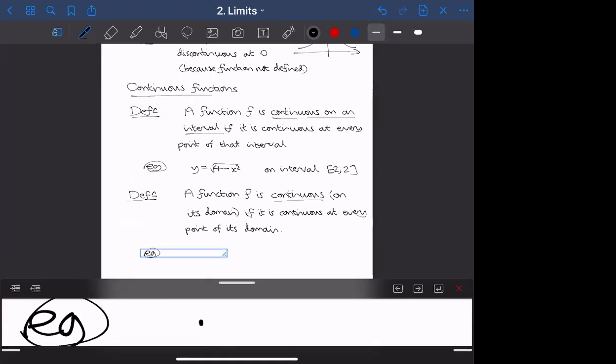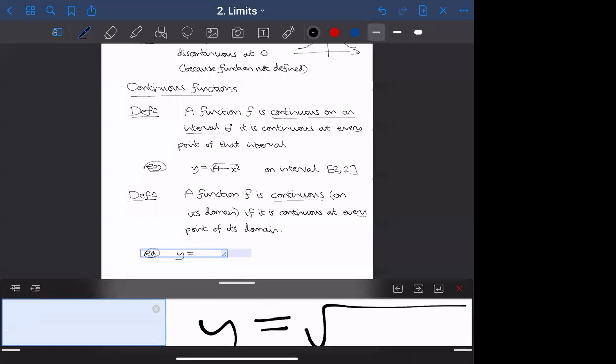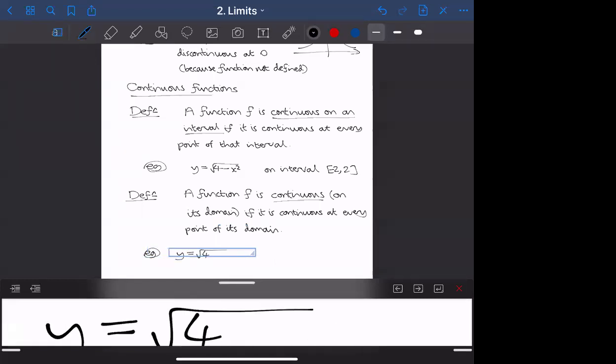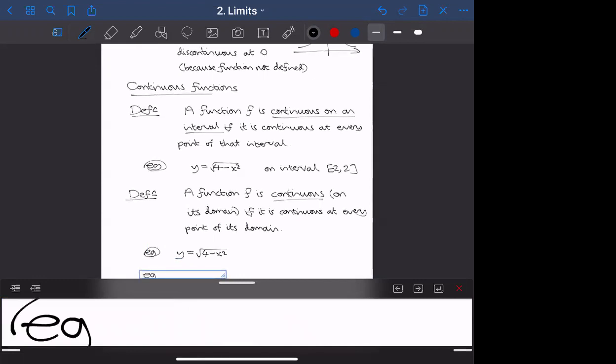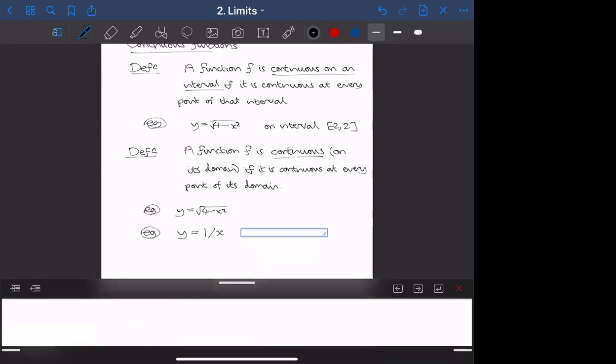So, for example, y is the square root of 4 minus x squared, but also y is 1 over x.